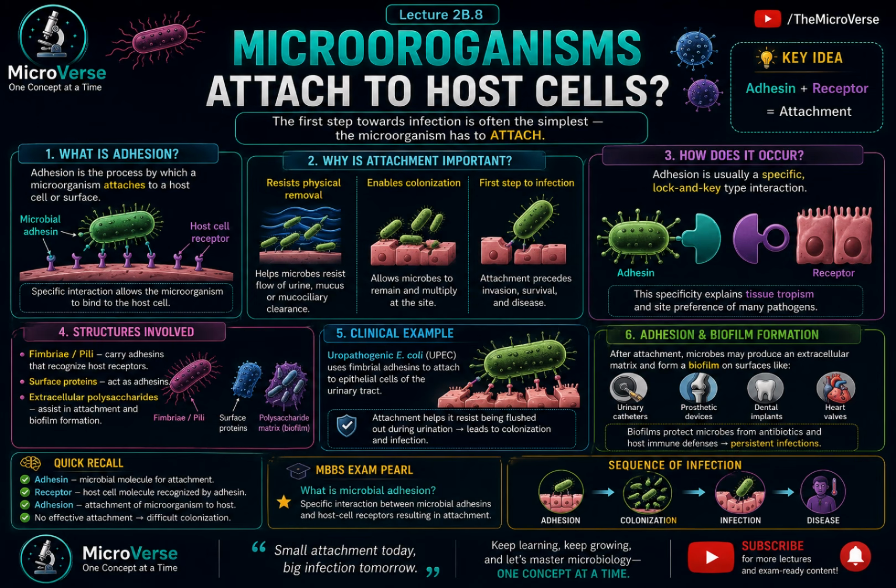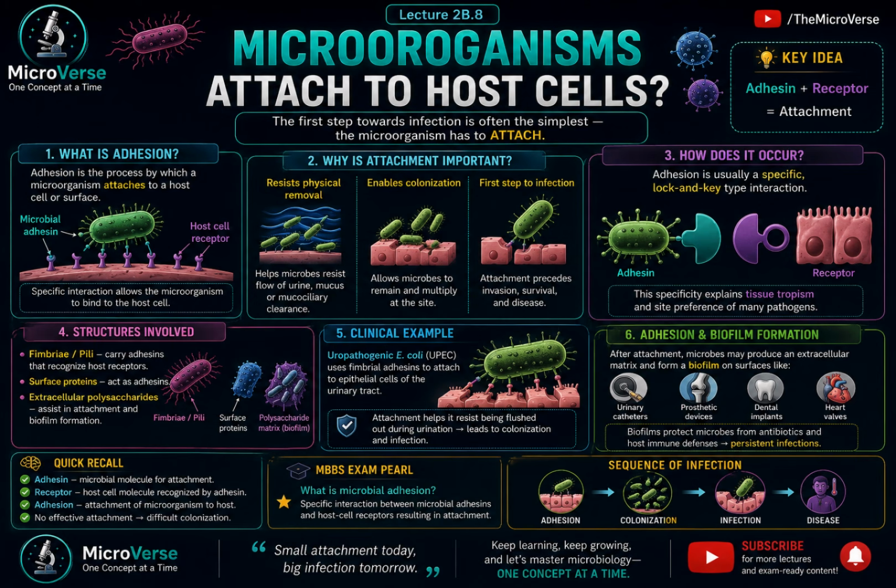This specificity also helps explain why some microorganisms show preference for particular tissues. For example, microorganisms may colonize one epithelial surface efficiently but have much less ability to attach to another. This contributes to tissue tropism.